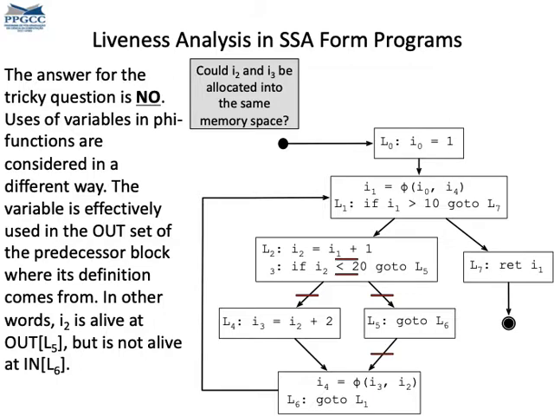So, do you think that I2 and I3 could be allocated to the same register? The answer is affirmative, because they are never alive together. Even though they are used as arguments of the same phi function, I2 is alive here, and I3 is alive at this edge, but they are not alive at a common program point. So they could be allocated into the same register.